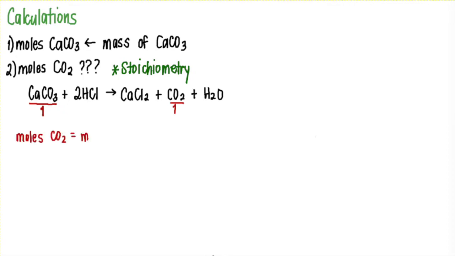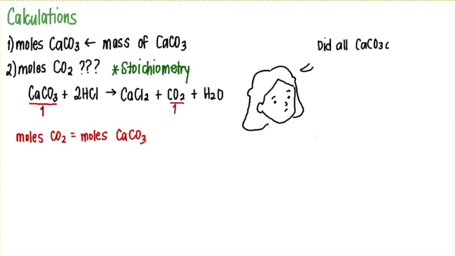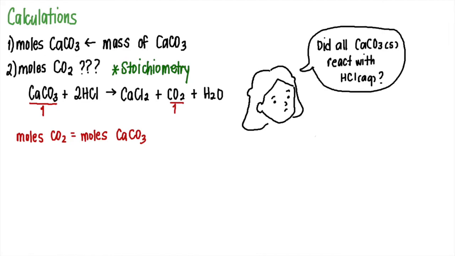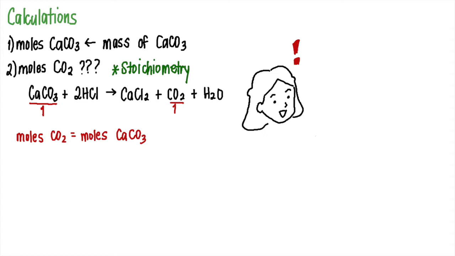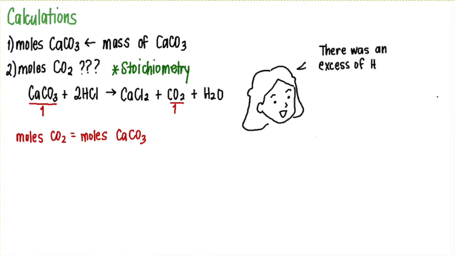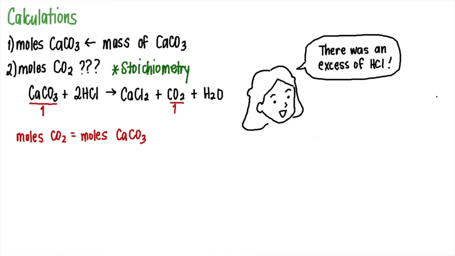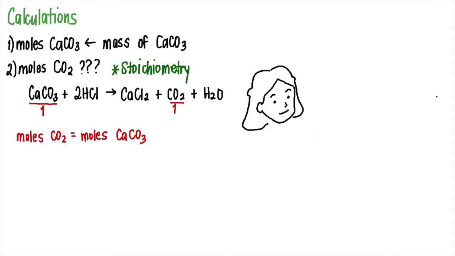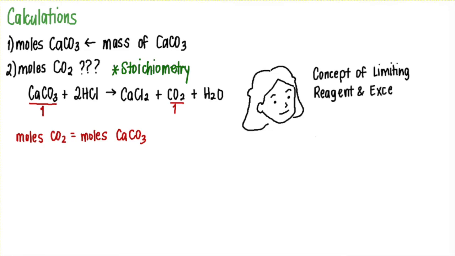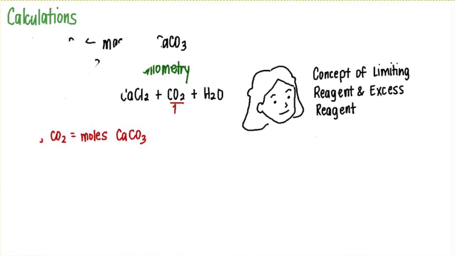This means that the moles of carbon dioxide generated is equal to the moles of calcium carbonate that we allowed to react with hydrochloric acid. Now, how are we sure that all calcium carbonate reacted? It's because we put an excess of hydrochloric acid. Remember the concept of limiting reagent and excess reagent.